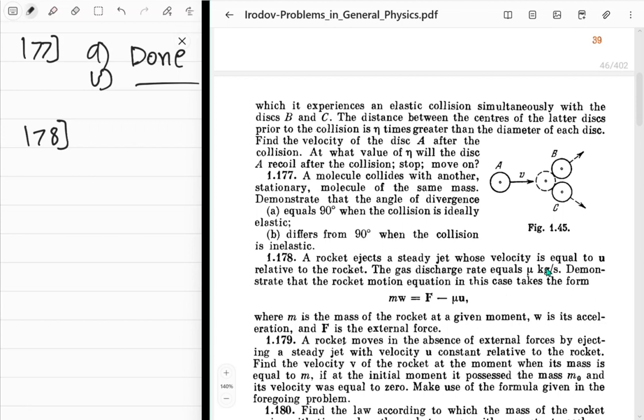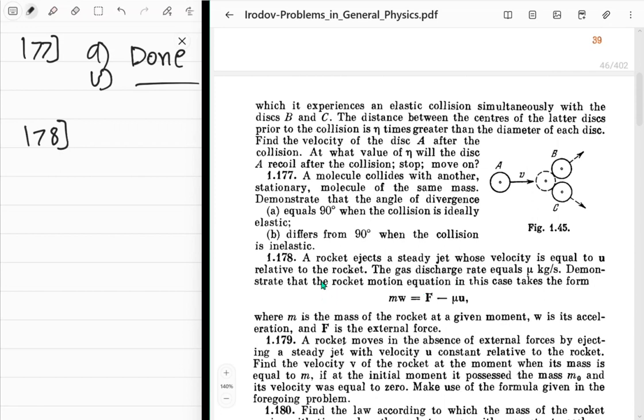Demonstrate that the rocket motion equation in this case takes this form, where m is the mass of the rocket at a given moment, w is its acceleration, and F is the external force. Okay, that's weird.